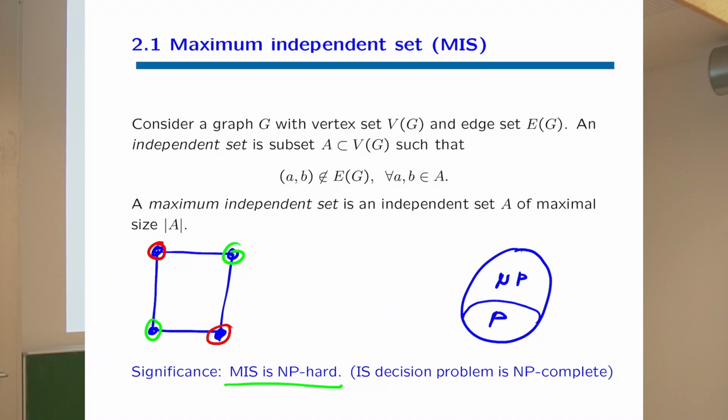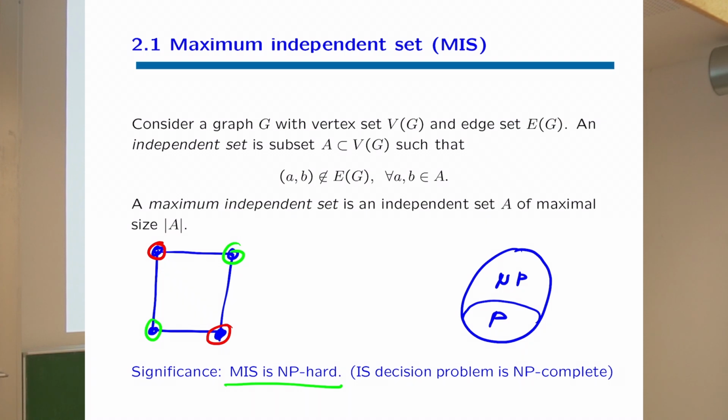P is the problems that a computer can solve in polynomial time. NP is the class of problems that a computer can verify in polynomial time.